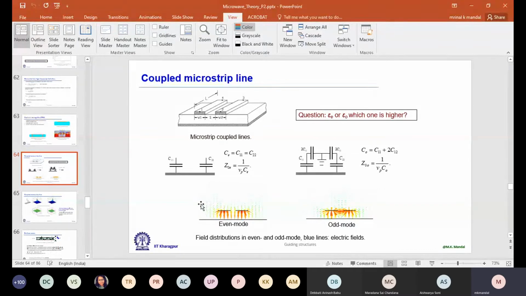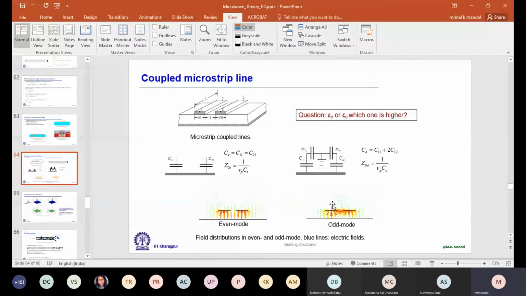So if I can put a dielectric overlay here, let's say with some higher dielectric constant, so that we can make them equal, noting that in the odd mode we have more field components here. So if I put epsilon r here, we need to optimize the thickness and epsilon r of this overlay, and then there is a possibility that I can increase the effective dielectric constant in odd mode.